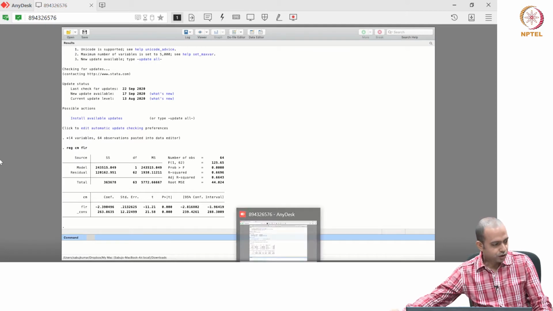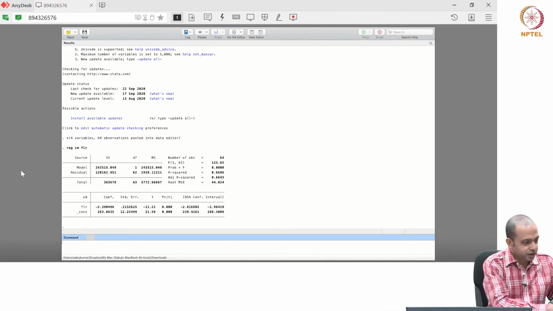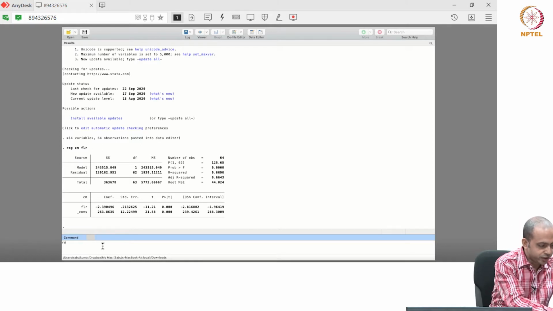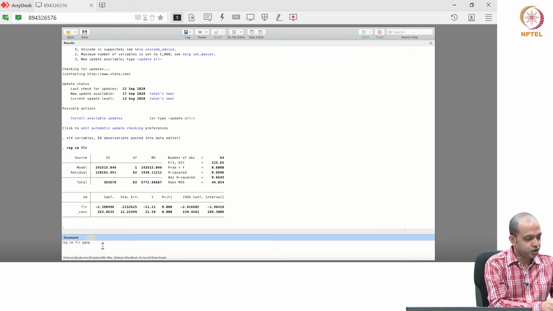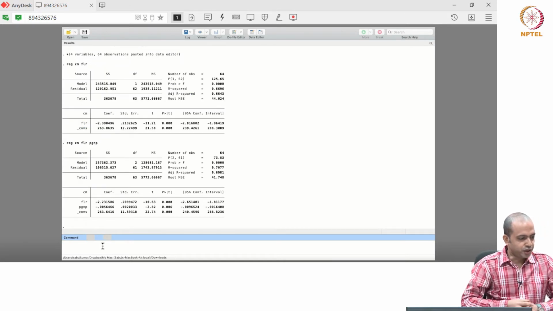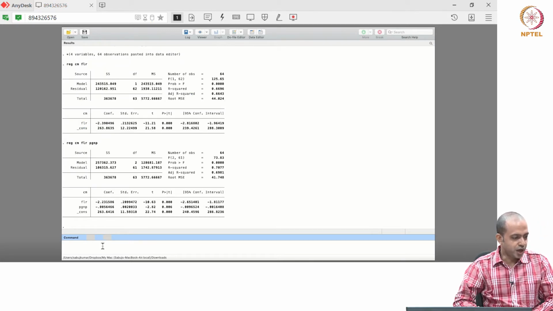After this I will run the complete model, which is reg CM FLR and then PGNP, and this would become your complete model or the new model, and you will get the R square new as 0.70.